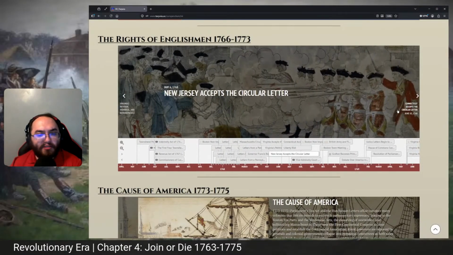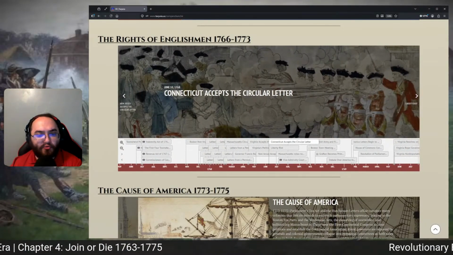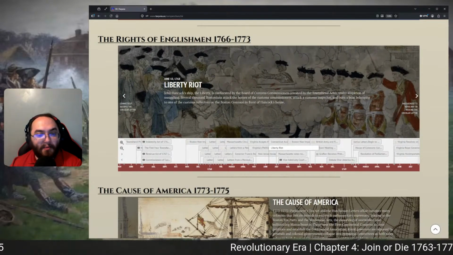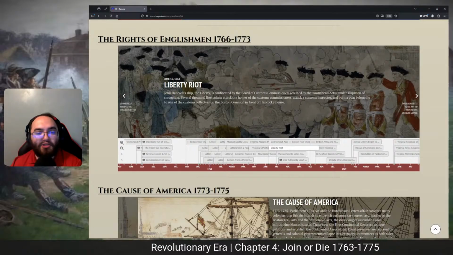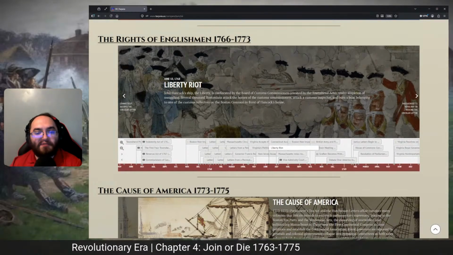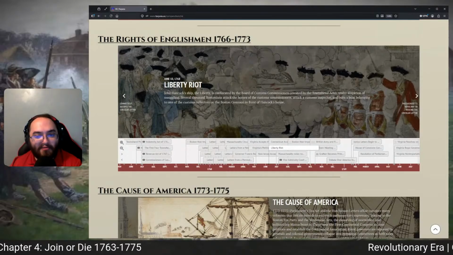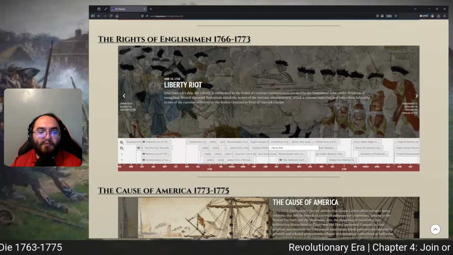Then you have New Jersey accepts the Massachusetts circular letter. Connecticut accepts it. And then you have the Liberty Riot. So John Hancock's ship, the Liberty, is confiscated by the Board of Customs Commissioners created by the Townshend Acts under suspicion of smuggling.